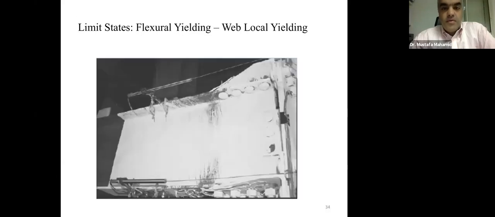And then we also may have flexural yielding of the web. Here you can see those black areas during a test, which show that we have web local yielding at these locations.